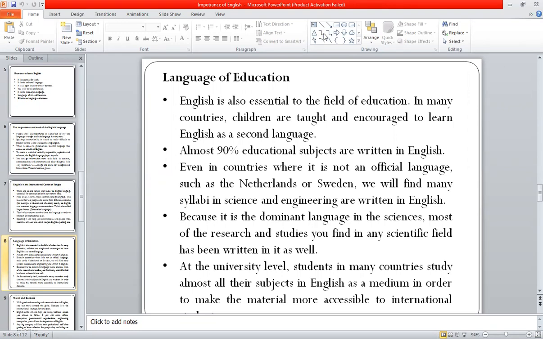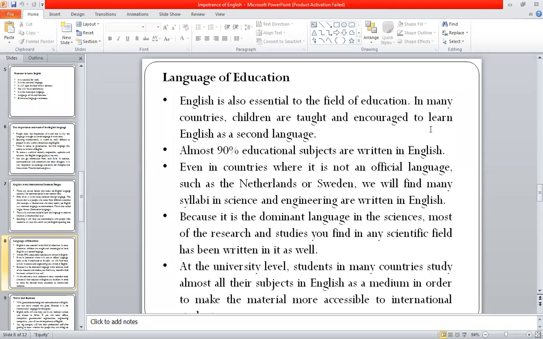You are used to this subject. That's why this is also known as the language of education.